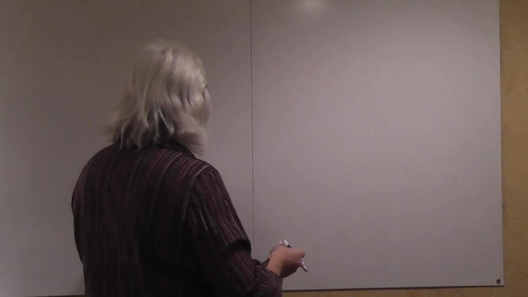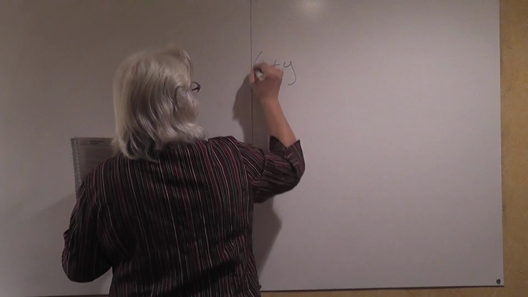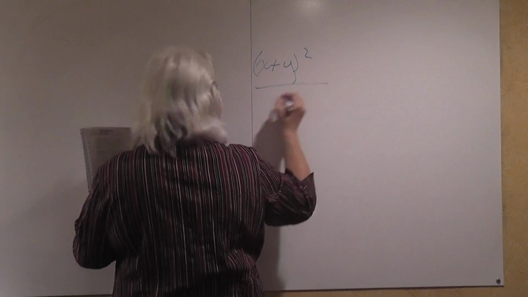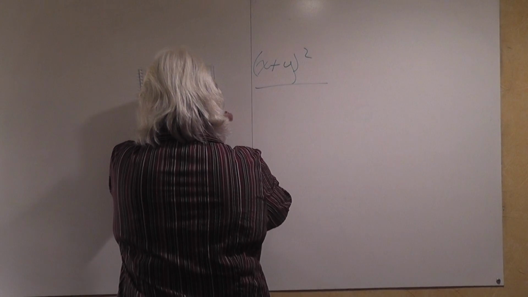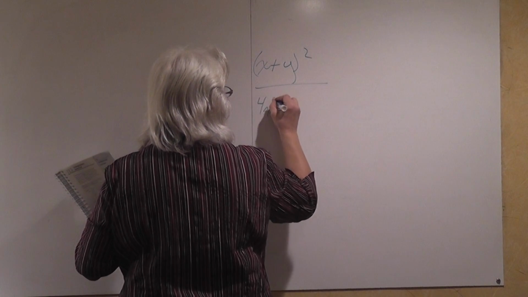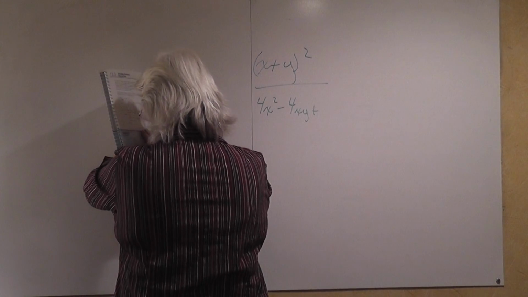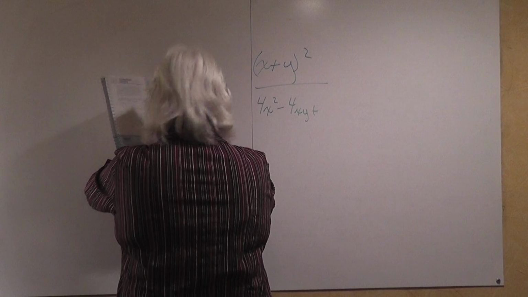Second example is a little bit bigger. Actually, it's a lot bigger. Not harder, just lengthier, and you have to take your time to factor. So our example says simplify x plus y, quantity squared, all of that divided by 4x squared minus 4xy plus 4y squared.